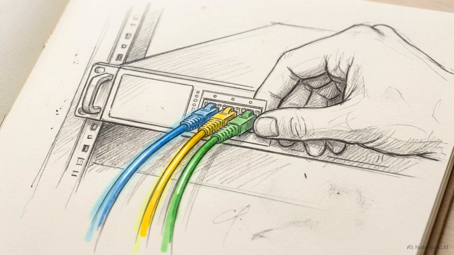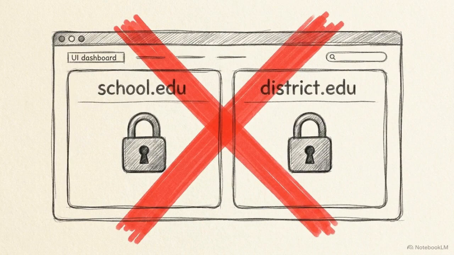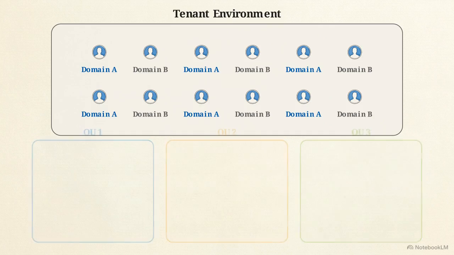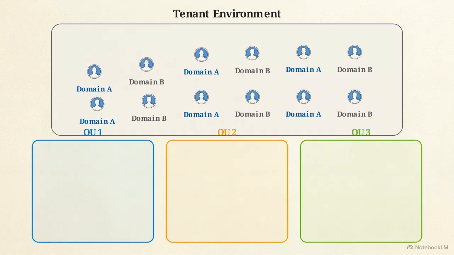Once you deploy multiple domains within a single tenant, a common misconception emerges. Administrators often assume they will configure service settings and device policies at the domain level. They cannot. The actual mechanism for policy enforcement in a single-tenant architecture is the organizational unit, or OU.